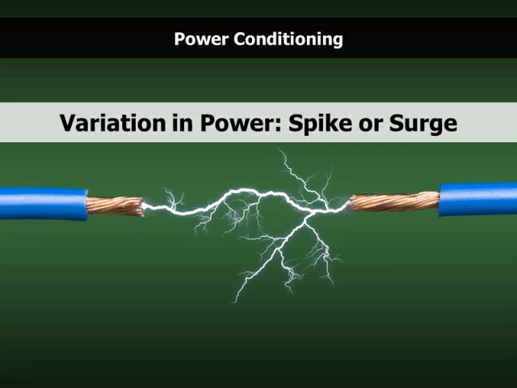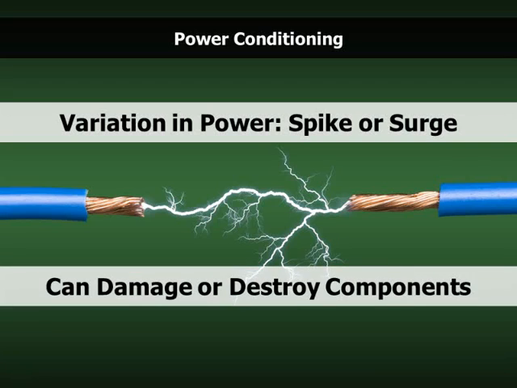It's not uncommon for power to come in at a different rate sometimes, creating spikes or surges. Understand that the words power spike and power surge oftentimes are used to refer to the exact same kind of thing. But one of the other issues that can actually come up with power conditioning is not when there's a high variability, but where power drops into a lower voltage type of situation.